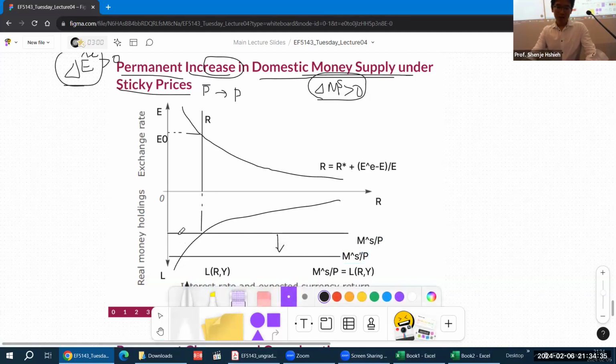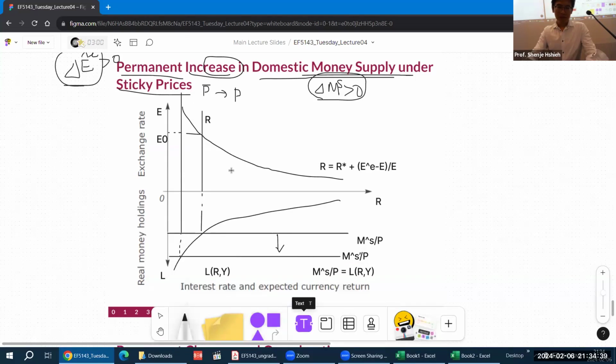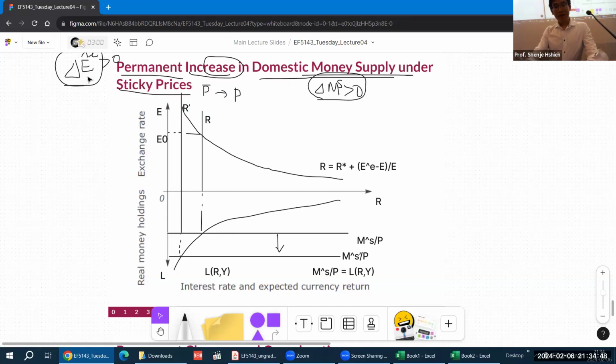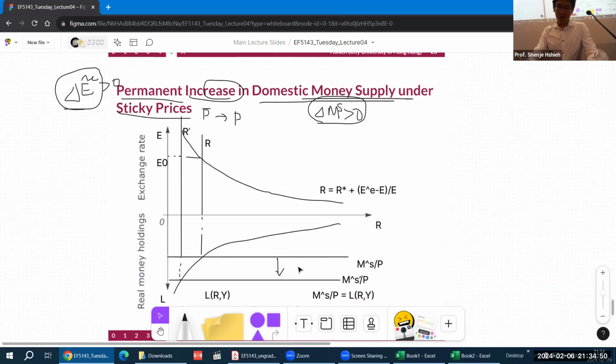We know what happens to interest rates. It becomes lower. And all else equal, we're done, right? But we have this extra change here. So let's just work through it mathematically with equations, what exactly happens.